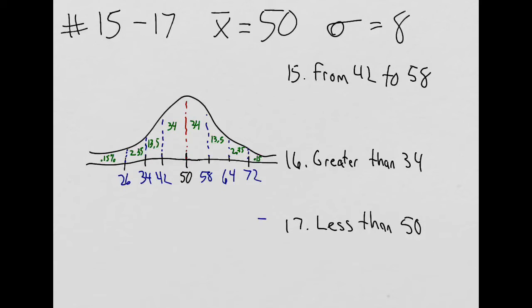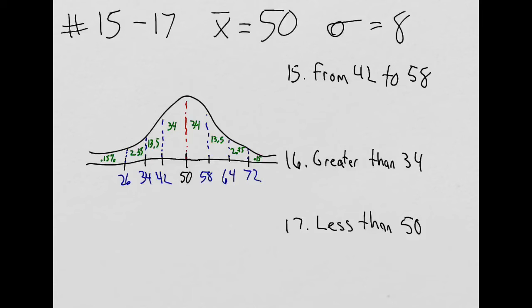So let's take a look at number 15. It's asking, what percent of your data could you expect between 42 and 58? If you look at the diagram we just drew, we see that 42 is one standard deviation below and 58 is one standard deviation above.